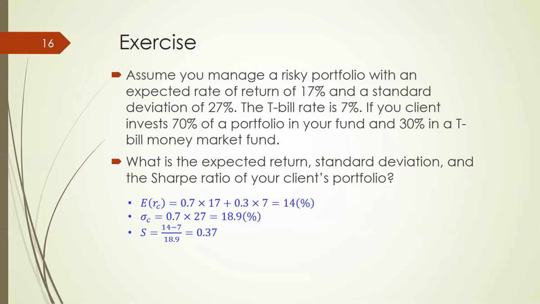In this case, the expected return will be 70% times 17% plus 0.3, which is the 30% allocation, times 7%, that gives 14%. Standard deviation will be the weight, 0.7, times the standard deviation of the portfolio, that will be 18.9%. The Sharpe ratio will be the risk premium, which is 7%, divided by the standard deviation 18.9%, that will be 0.37.